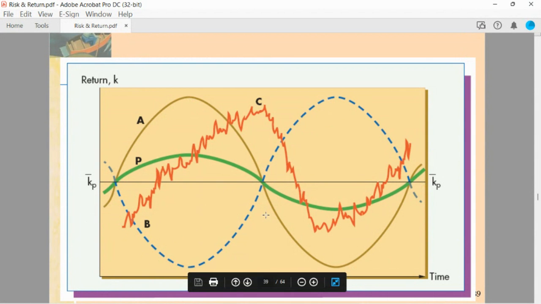And if they move in exactly this pattern, suppose you have 50% in stock A and 50% in stock B, what's going to happen? They're going to cancel out each other, right? And you will have always this portfolio return, mean return, right?